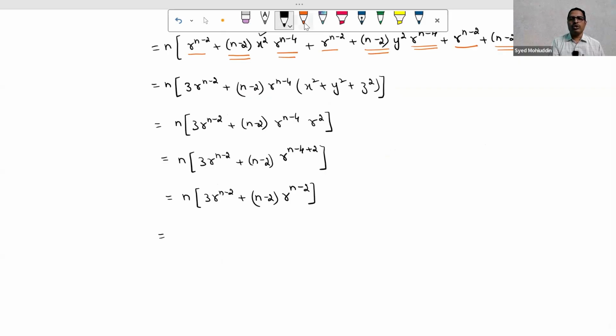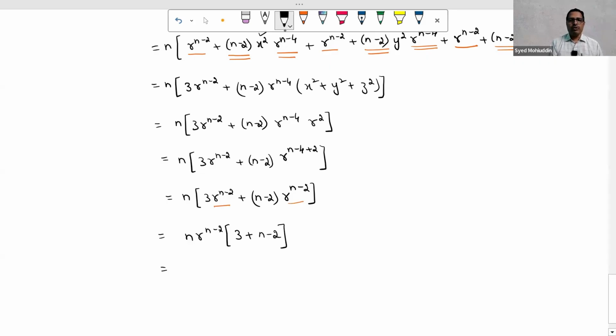If you further try to observe here, r power of n minus 2 is common. So let us remove the common factor. n into r power of n minus 2 is common. Here you are left with only 3, because r power of n minus 2 is taken common outside. Plus here only (n minus 2) will be left, because r power of n minus 2 is taken outside.